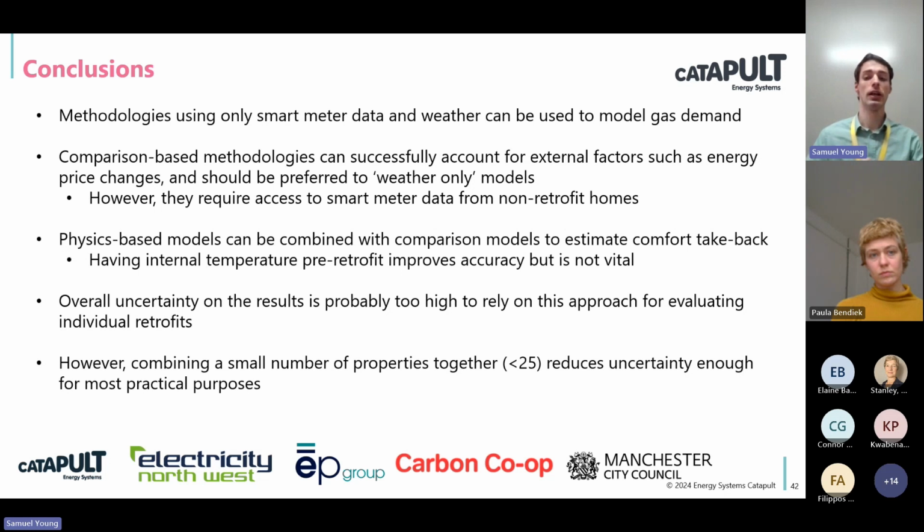So this methodology is designed for big one-off changes to a property that are going to change the whole usage pattern of that property, rather than short changes in flexibility where you could use recent days to understand that.